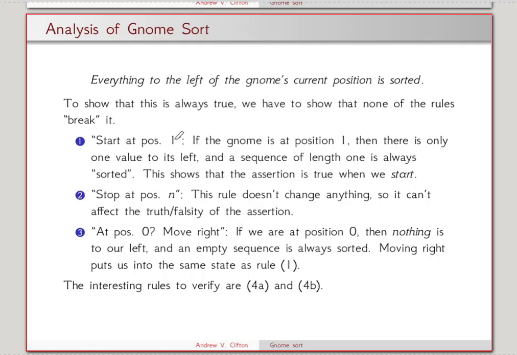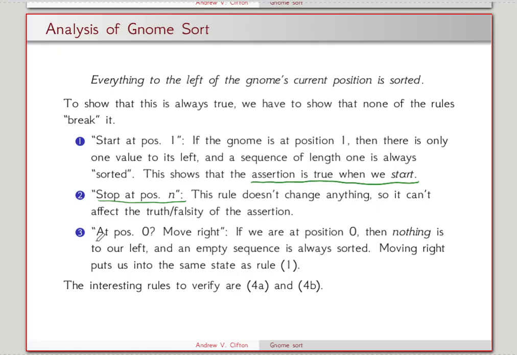So rule number one is: start at position 1. There's only one thing to its left, and a sequence of length 1 is always sorted, right? So the assertion we made, that everything to the left of the gnome is sorted, is true at the very beginning. When the gnome starts at position 1, the thing at position 0 is sorted. The rule about where to stop doesn't change anything, so that doesn't affect what we're talking about here.